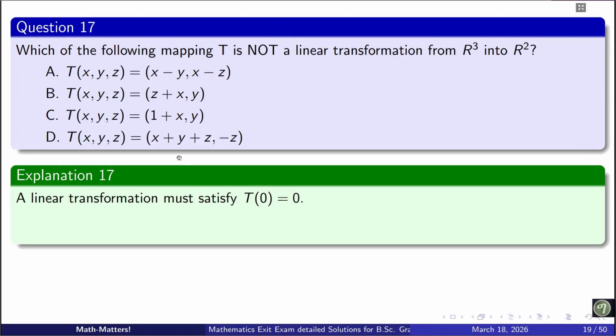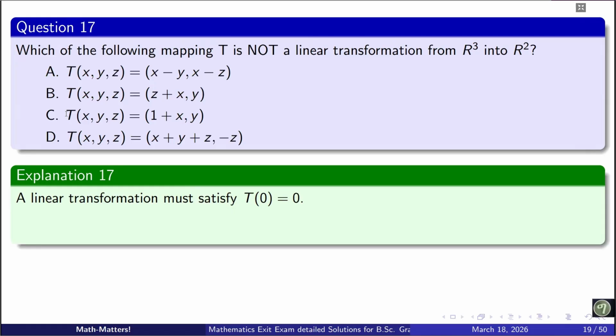So the mapping T(x, y, z) = (x − y, x − z) is linear. Similarly, if we check T of (0, 0, 0) for the next one, it is 0 plus 0, every variable is 0, giving (0, 0), so this is also linear.